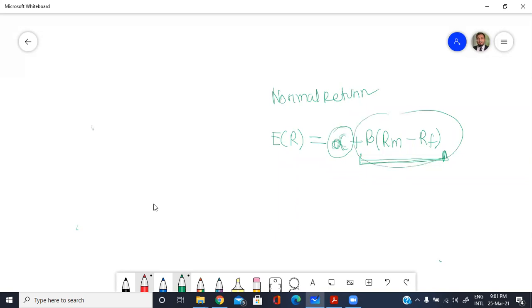Can you recall what CAPM says? CAPM says the excess return should be directly proportional to the beta or the market risk premium, excess return of a stock.